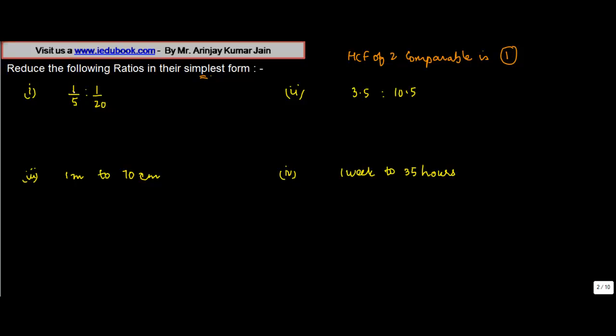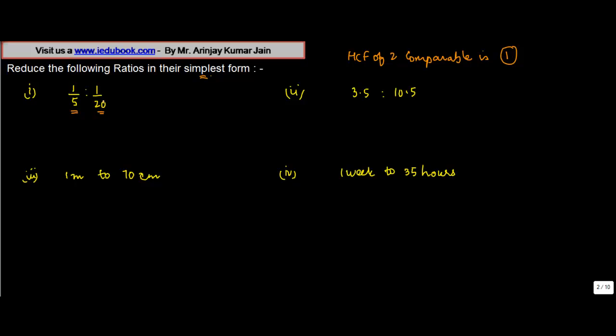Now, looking at the first one, what do we have? We have 1 upon 5 is to 1 upon 20. Right? Now, if you take the LCM of these two numbers, 5 and 20, what do you get? It's 20 only actually. The idea is basically, can we convert these fractions into whole numbers?